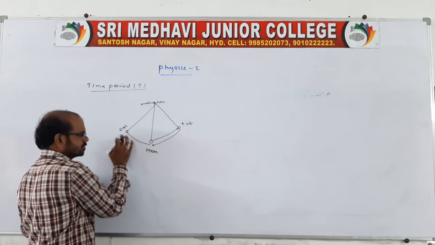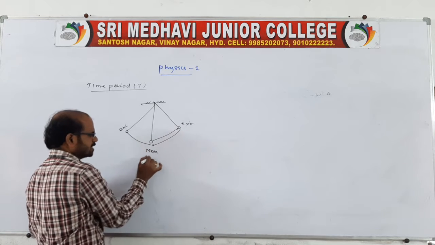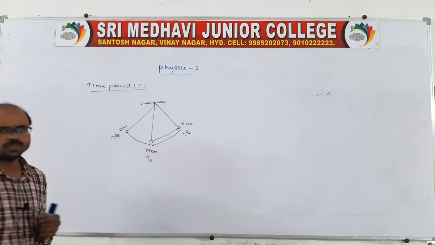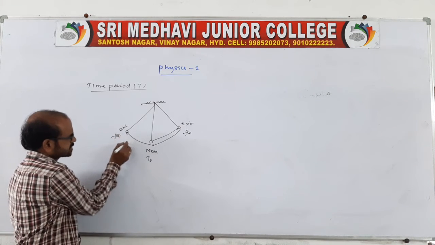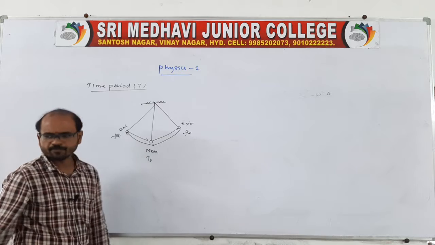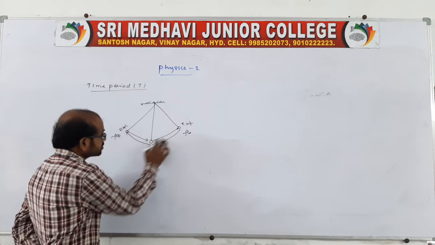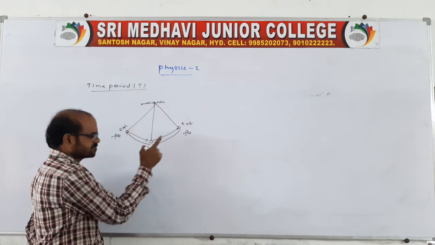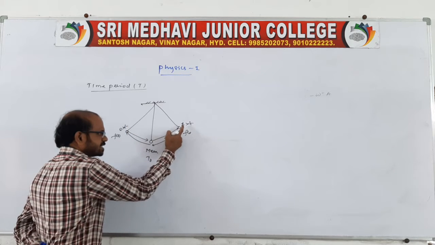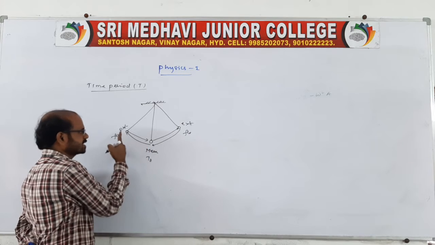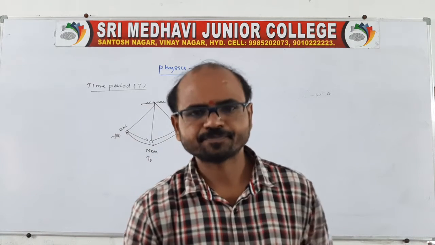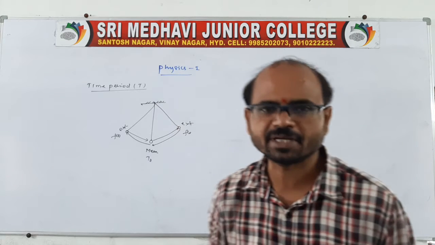Then again it reaches the extreme, and then again the mean. This we call the time taken to complete one oscillation. The particle started from mean, reached the extreme, reached the mean, reached the extreme again, then reached the mean. If it completes like this, we call it a time period.